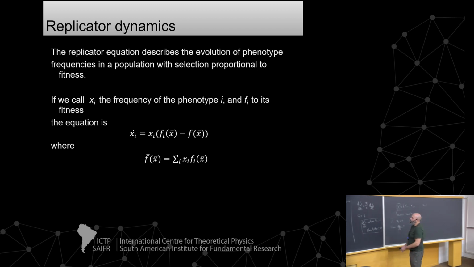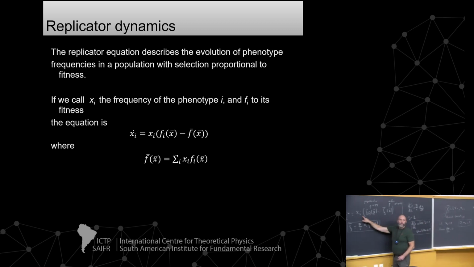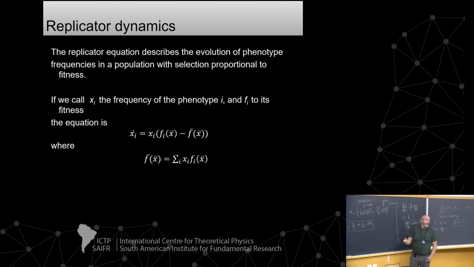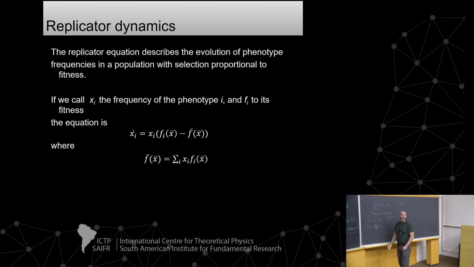So let's see if this is a good dynamics in the sense that these two conditions are fulfilled. For the first one, this one is very clear. If xi is equal to 0, the derivative of xi with respect to time will be always 0. If this is 0, this is 0. So there is no possibility to change the value of xi. So this condition is fulfilled. There is no problem with that.